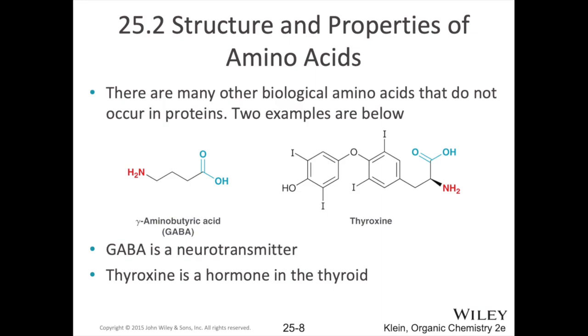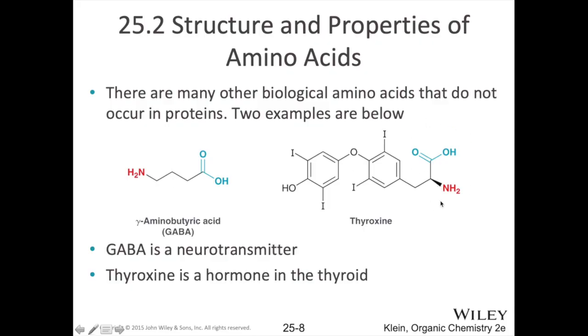Now, while most amino acids can be found in proteins, and that's why you can get them through digesting proteins in protein-rich foods, not all amino acids come from proteins. Two examples here. You can see that we've got GABA, which is a neurotransmitter. GABA actually isn't an alpha amino acid. Notice that the amine group and the carboxylic acid group are not attached to the same carbon.